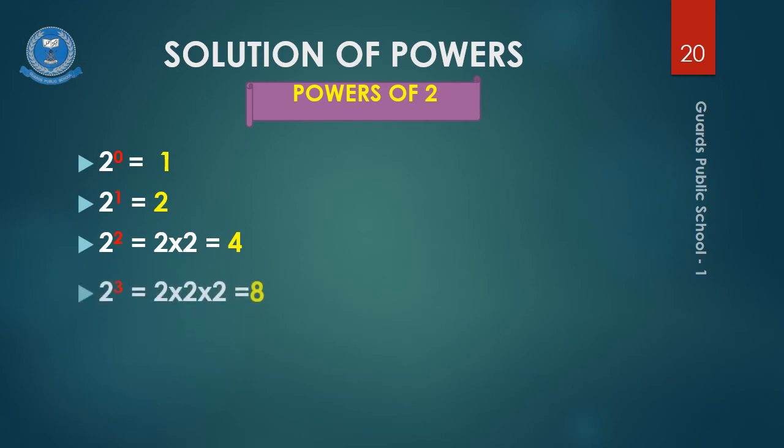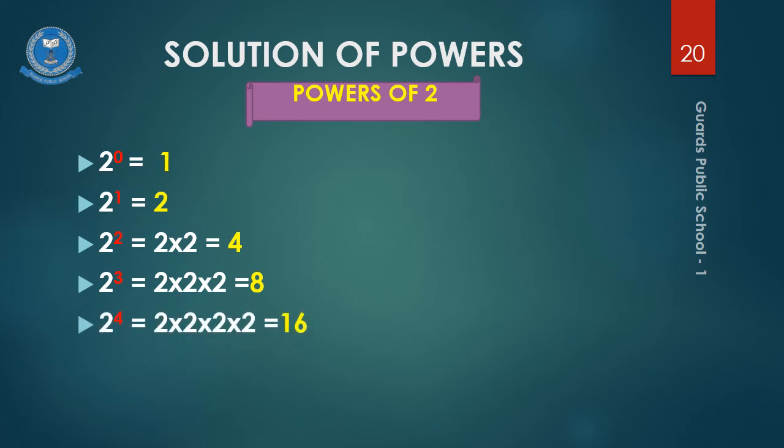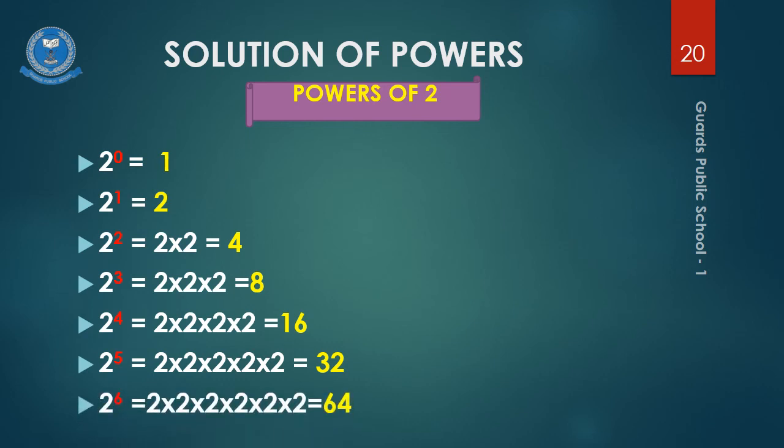Now 2 with power 3 means the multiplication of 2 three times, so that gives you 8. 2 with power 4 means the multiplication of 2s four times, that gives you 16. 2 with power 5 gives you 32. 2 with power 6 gives you 64.